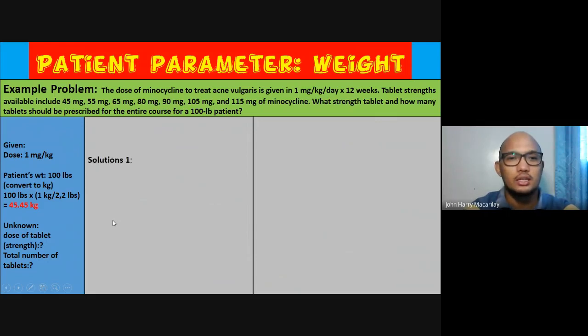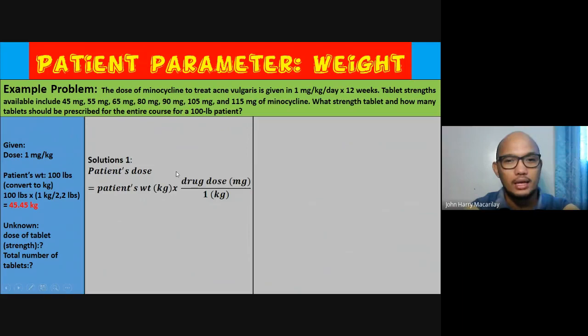The first one is the reference formula wherein patient's dose is equivalent to patient's weight in kilogram times the drug dose, which is in milligram per kilogram. So we will just substitute the given to this particular formula wherein the patient's weight in kilogram is equivalent to 45.45 kilogram and the drug dose or the adult dose is 1 milligram per kilogram.